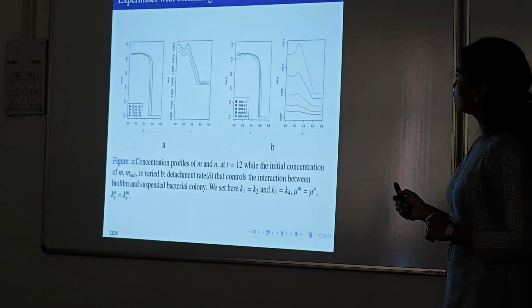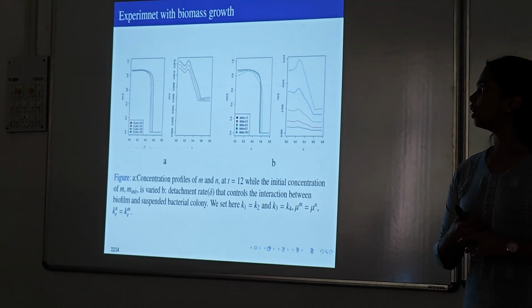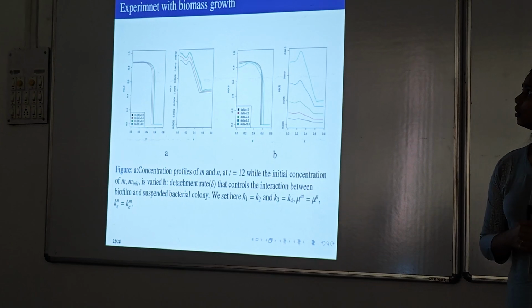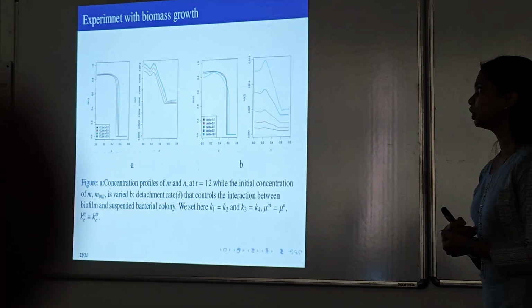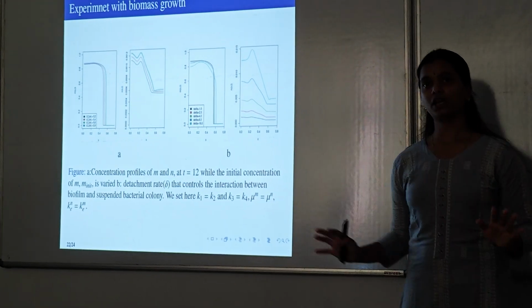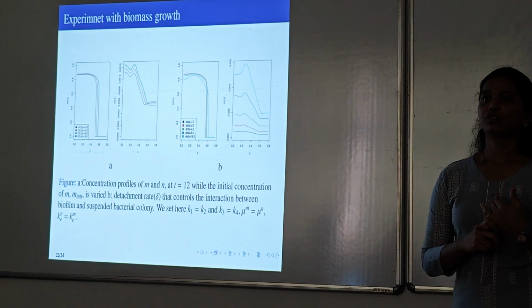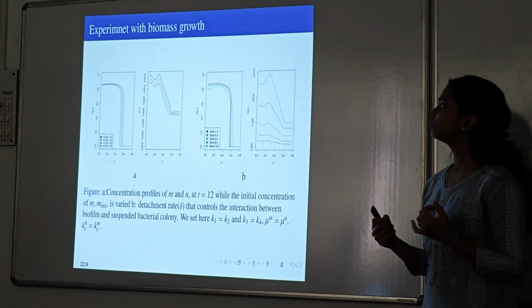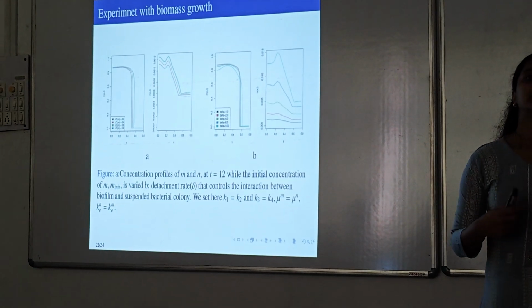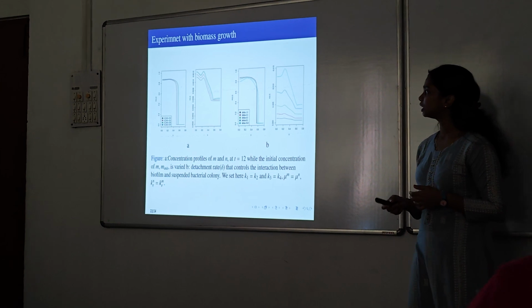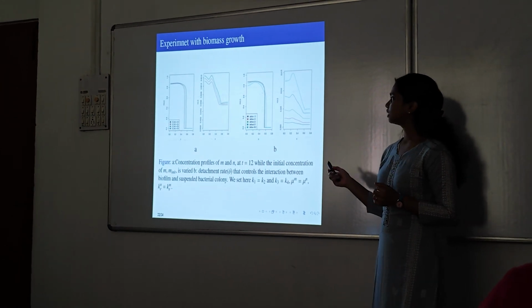We have also done an experiment on what the reasons are behind the bacterial biomass growth. There are several from our model. One thing we could experiment on is changing the initial condition, another is changing the boundary conditions, and the third thing is changing the detachment rate.